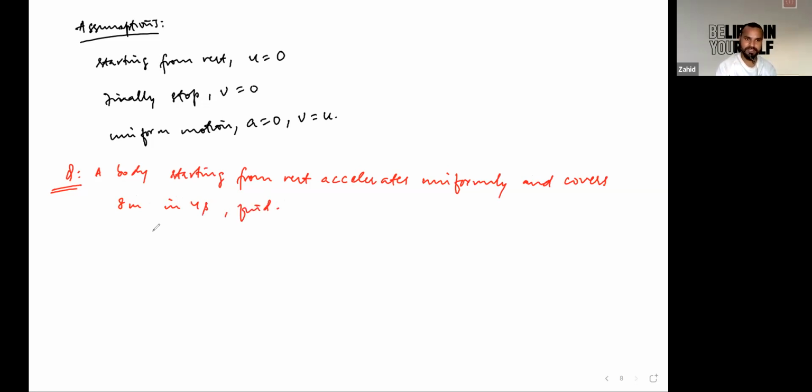Find first, acceleration; second, velocity at 5 seconds; and third, distance traveled in the third second.